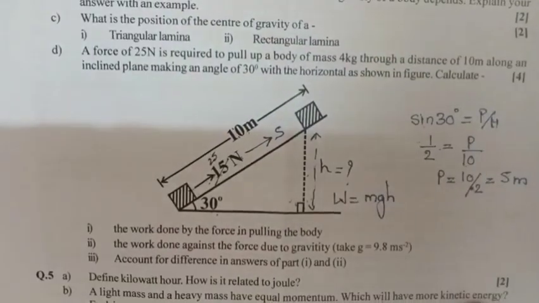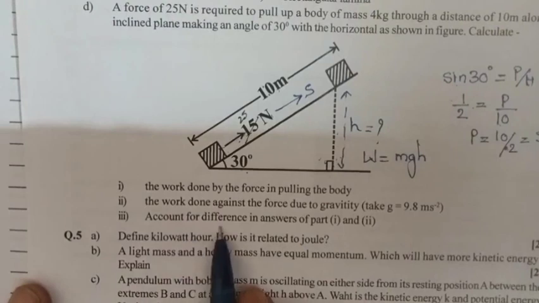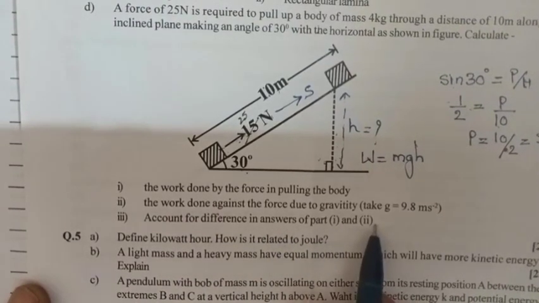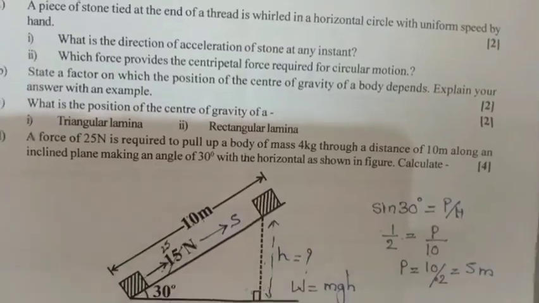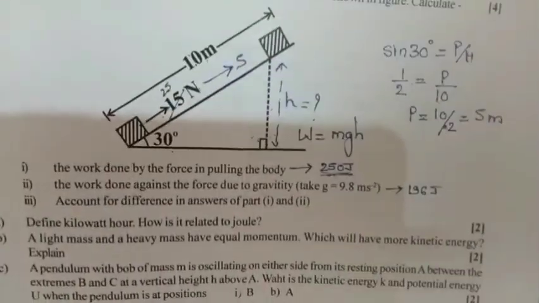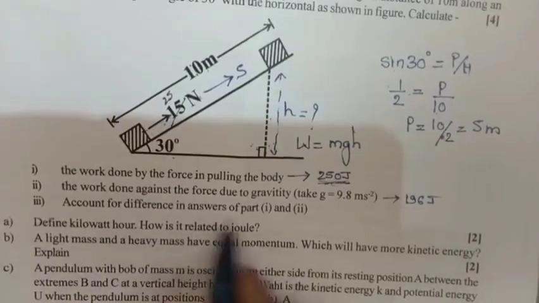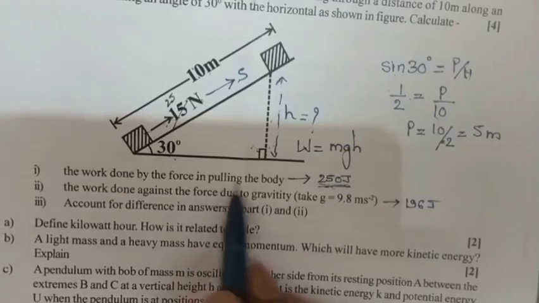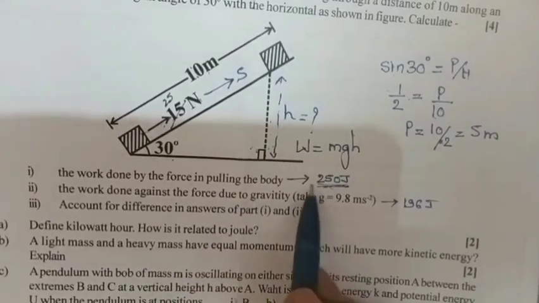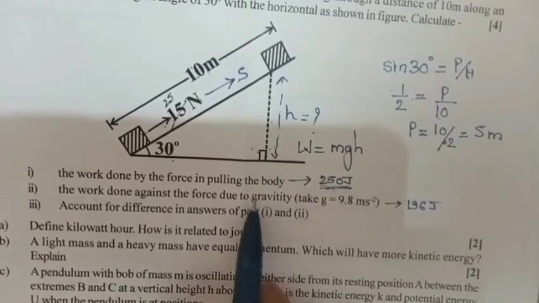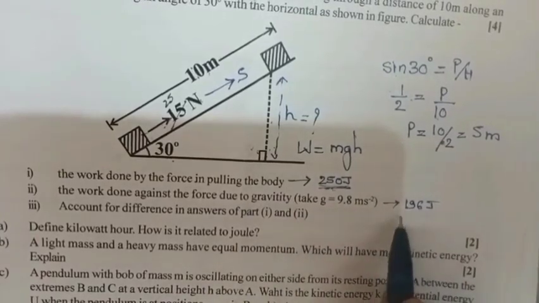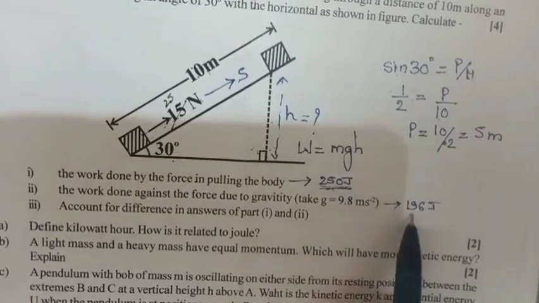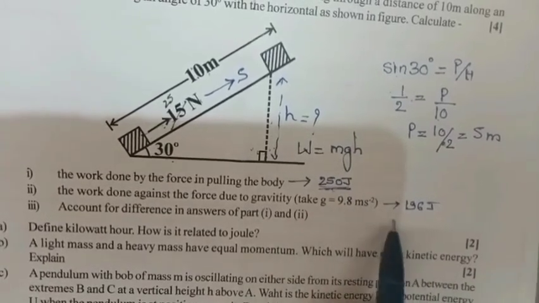Now, the third part says you have to account for the difference in the answers of part 1 and part 2. In part 1 we calculated work done as 250 joule. In part 2 we calculated work done against gravity as 196 joule. Now you can see that there is a difference in the work done.